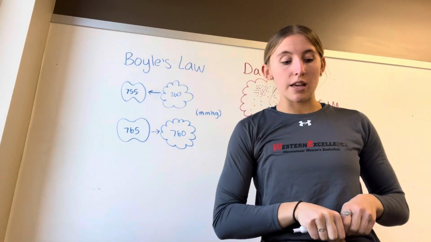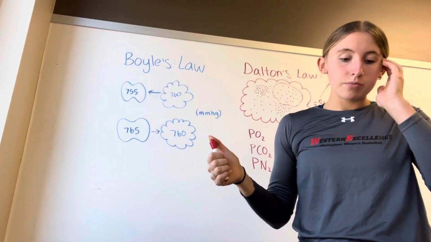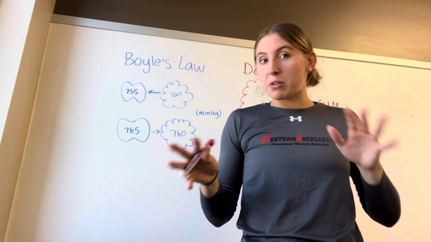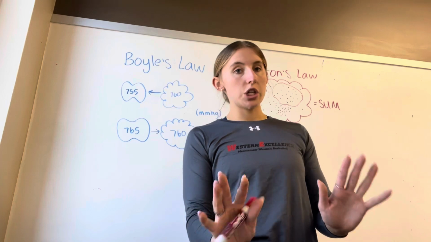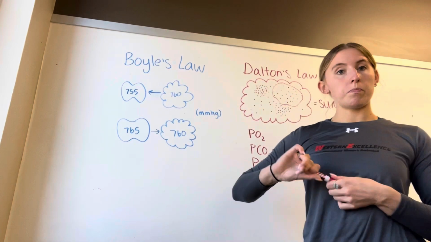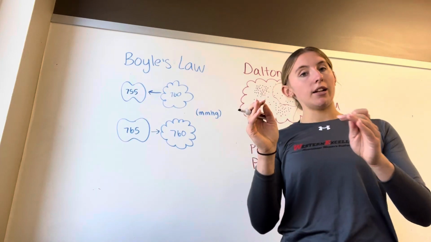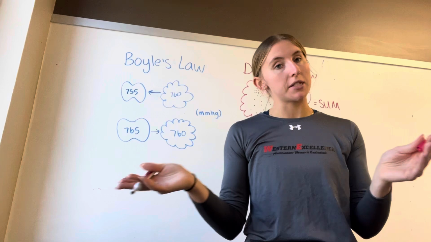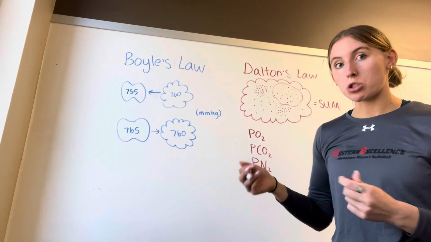For example, the partial pressure of oxygen in our atmosphere at sea level, there's about 20% oxygen. So you would take 760, which is the millimeters of mercury, and then multiply that by 0.2, because that's 20%, and that would give you 159 partial pressure of oxygen.